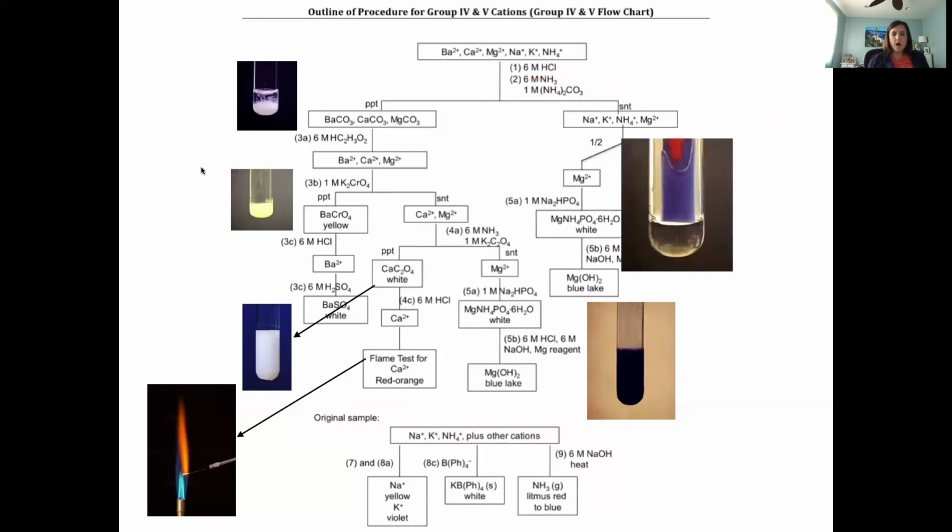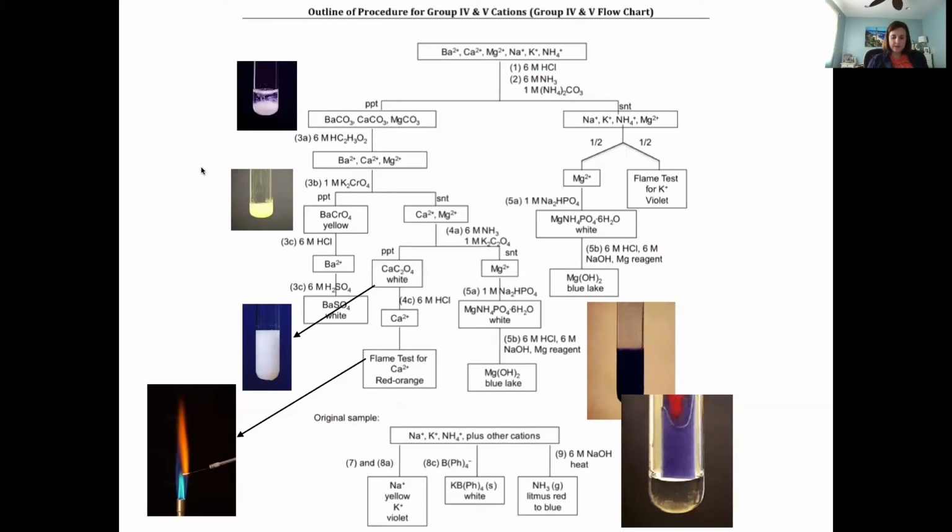Okay, so for our ammonium, this is actually step 9, we add sodium hydroxide and heat it. The best way to do it, and you did this in 1A if you took chemistry at Saddleback, is you'd have your solution down here in a little beaker, and the gas is going to turn your litmus paper.